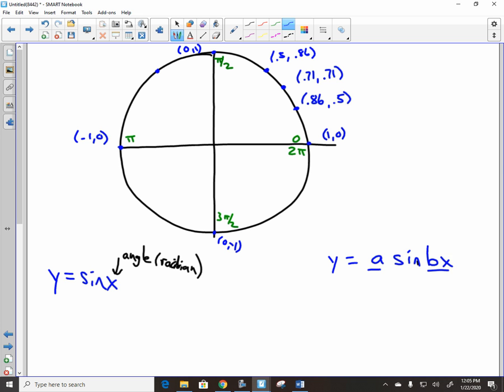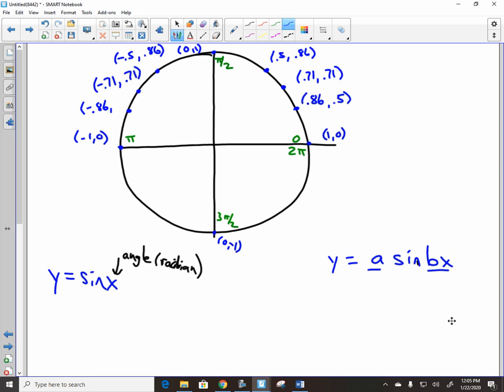Here I'm going to have another coordinate. It's going to be negative 0.5 and positive 0.86. So our terminal point is negative 1/2 and root of 3 over 2. This one will be negative root of 2 over 2, positive root of 2 over 2, or negative 0.71, positive 0.71. And this one right here, anybody want to guess?